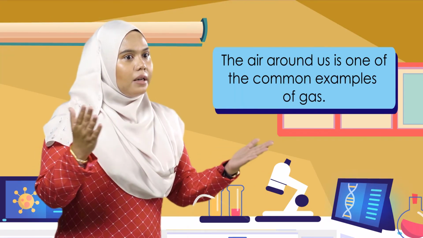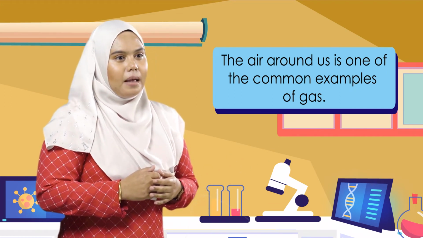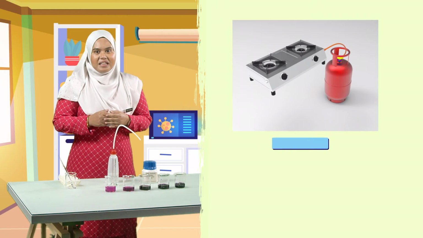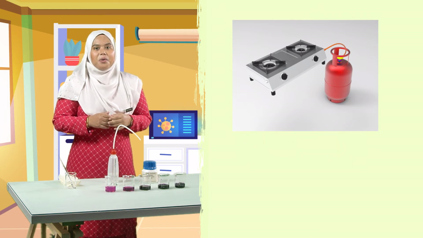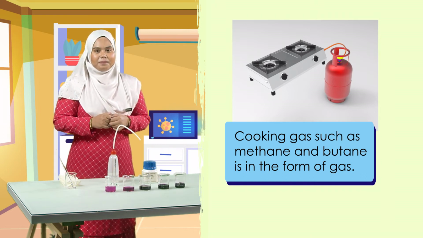The air around us is one of the most common examples of gas. But what about the last picture? Yes, it is cooking gas. Cooking gas such as methane and butane is in the form of gas.